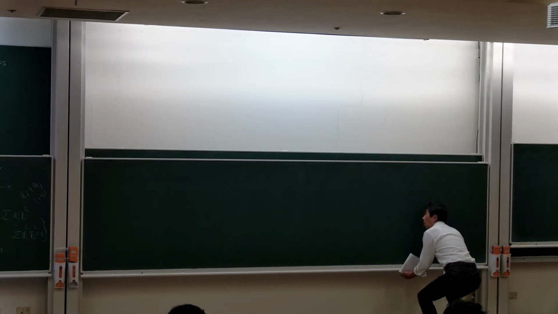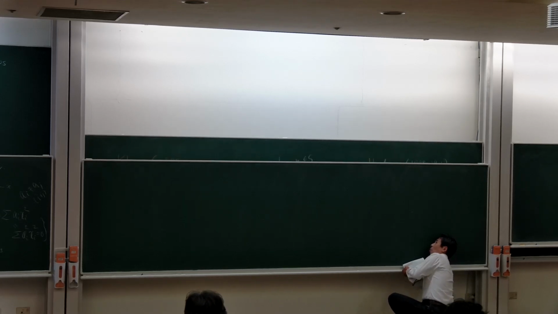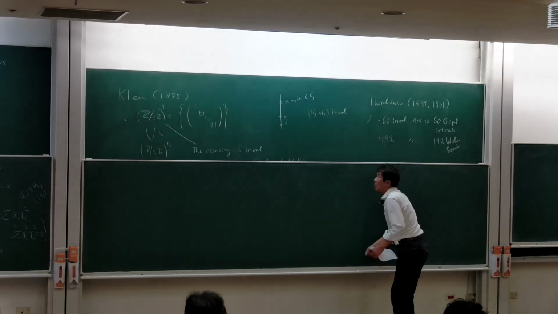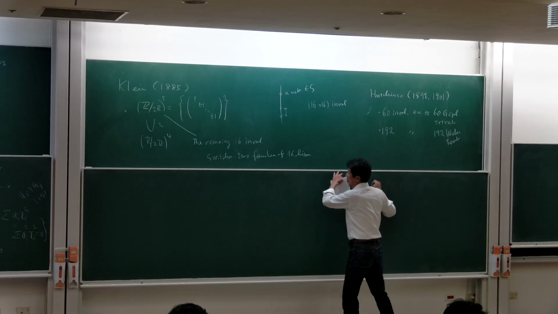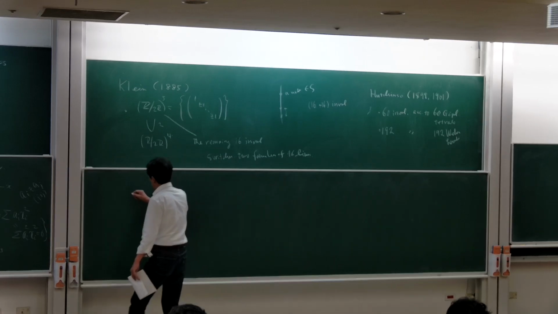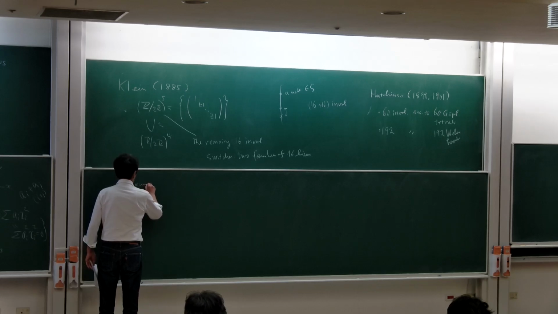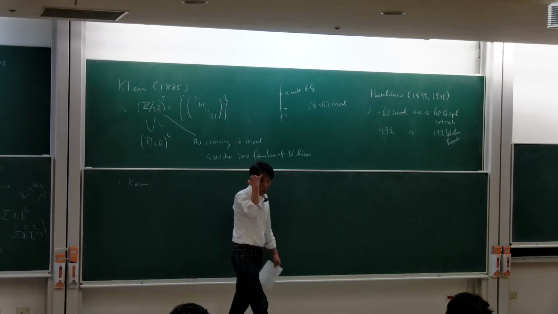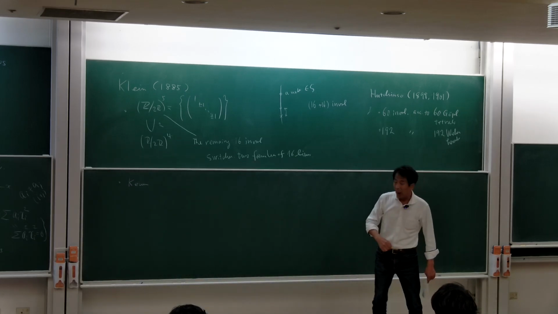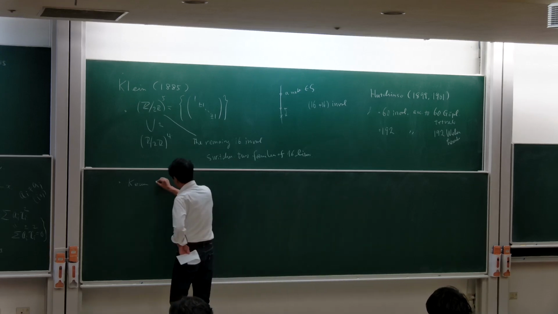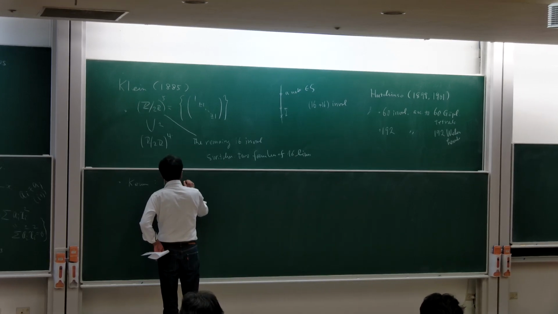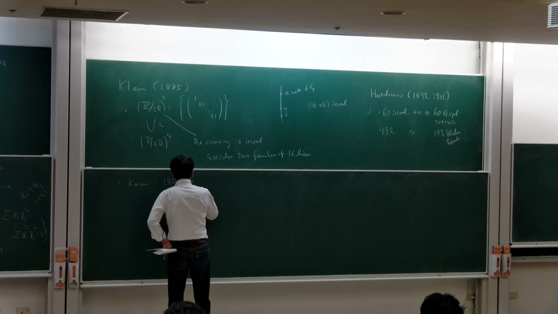People forgot. And Jin-Hong Kim, at the end of the 20th century, he discovered a new 192 automorphisms.